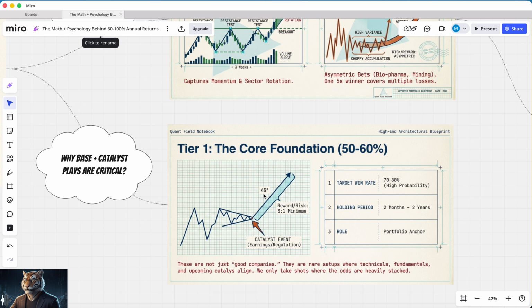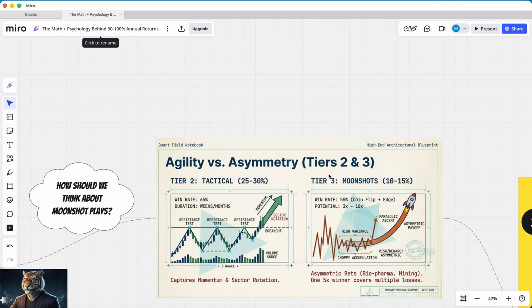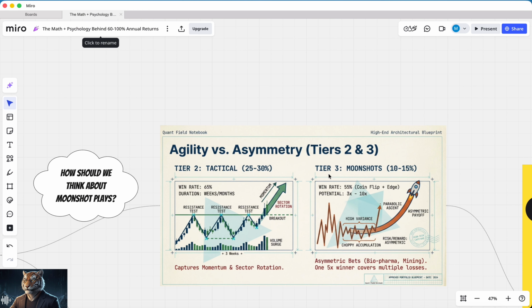Next, we're going to talk about tactical positions and the moonshots. Tactical positions, in our case, are pretty straightforward. We use the indicators from the momentum perspective to identify breakouts and identify a move that is very much driven by a rotation of the money from one sector to the next.